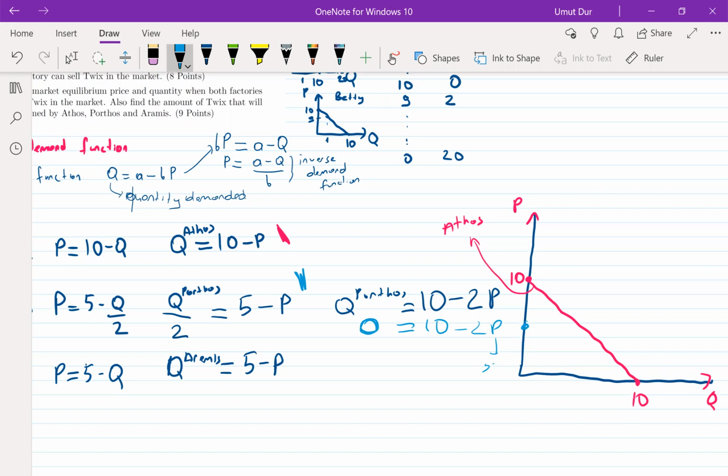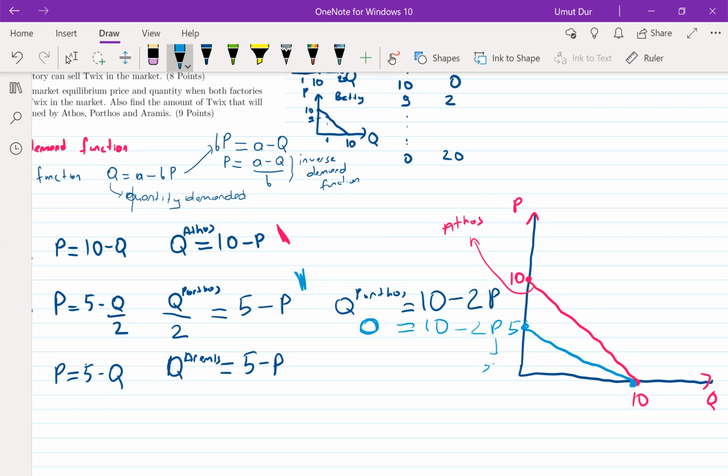And what is the intersection point on the horizontal axis? It is 10, since the quantity when price is equal to 0 will be 10. So both curves intersect at the same point on the horizontal axis, but on the vertical axis they are intersecting at different points.